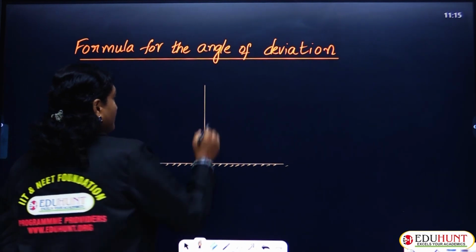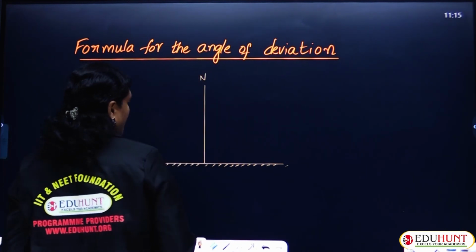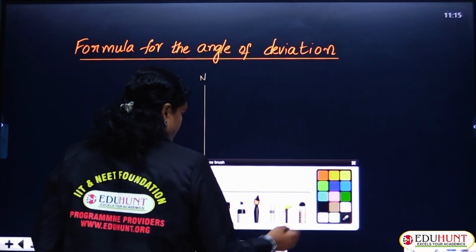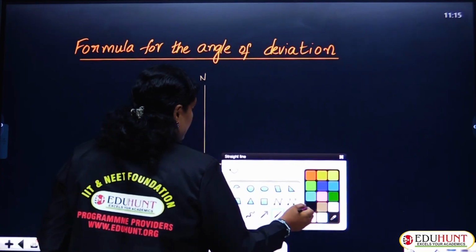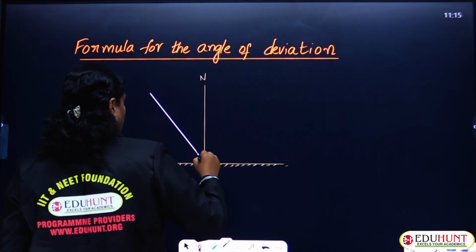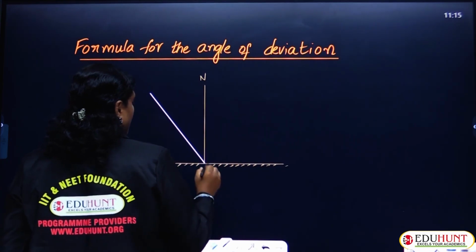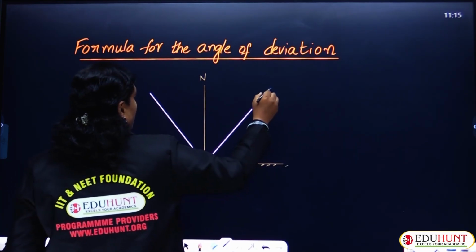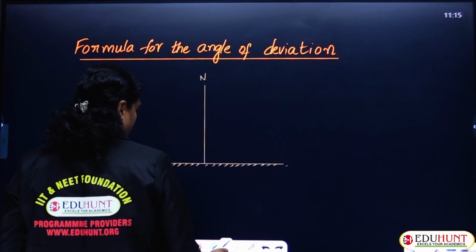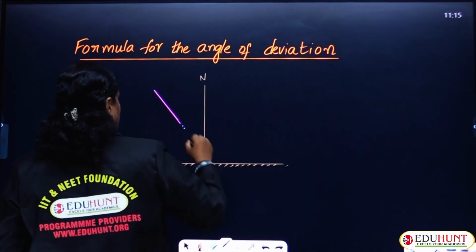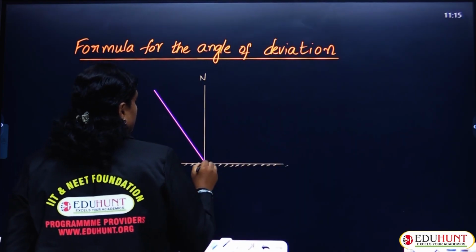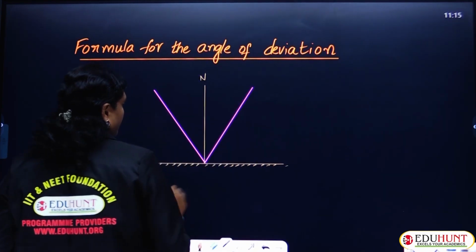Okay, so this be some n. Let us imagine an incident ray. So this must be your incident ray and here it must be your reflected ray.